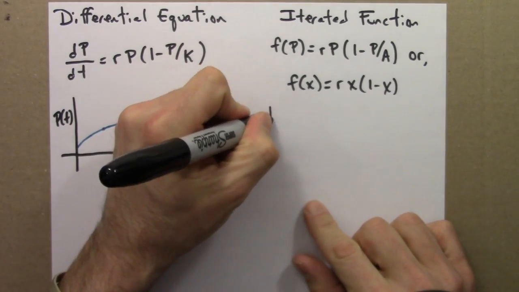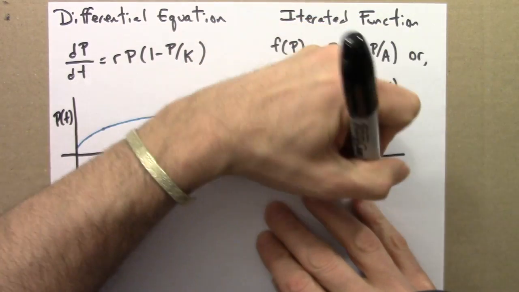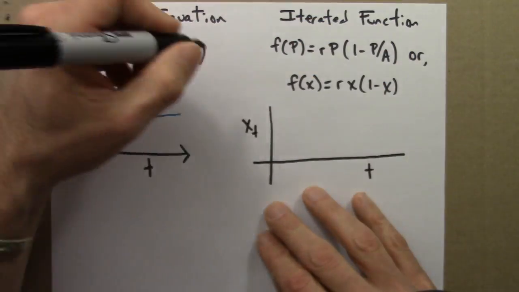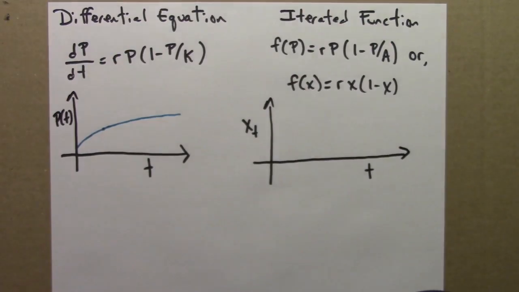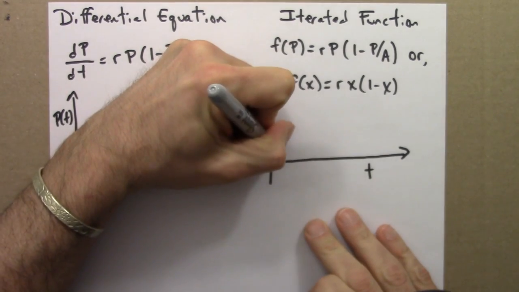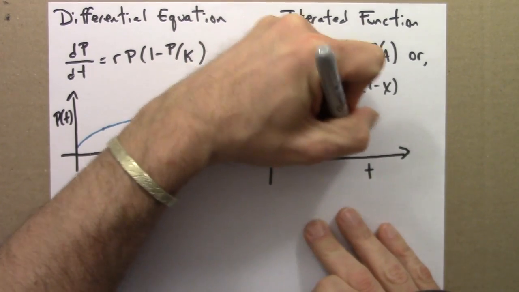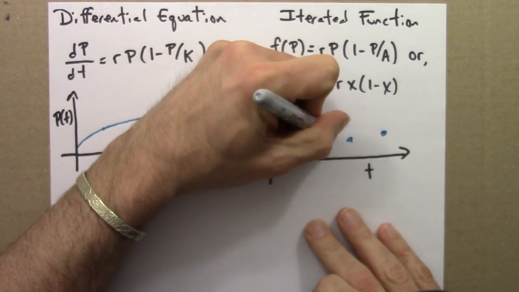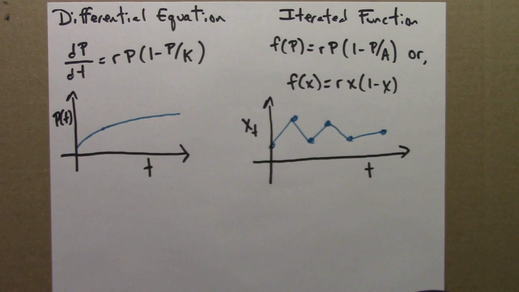For an iterated function, we end up with a time series plot, and that might look something like this.